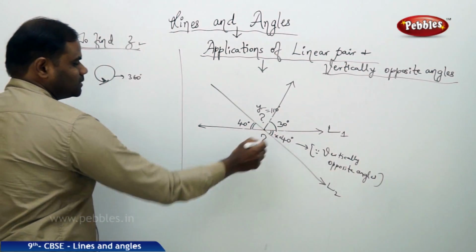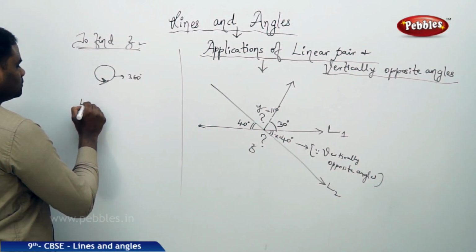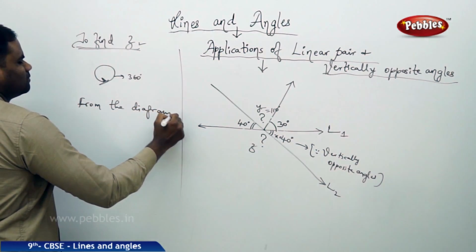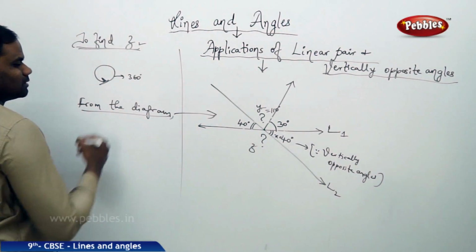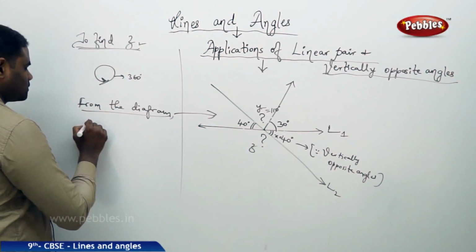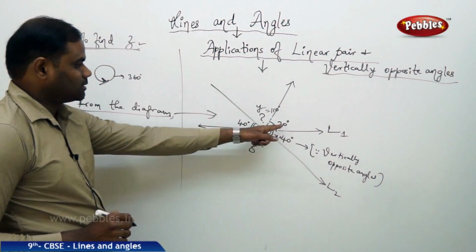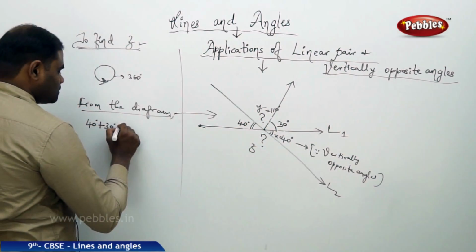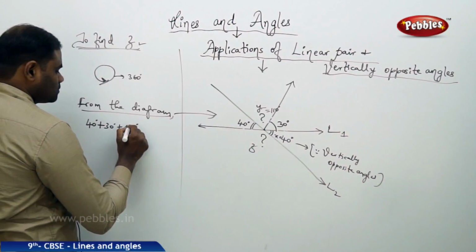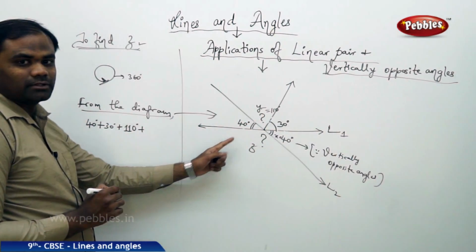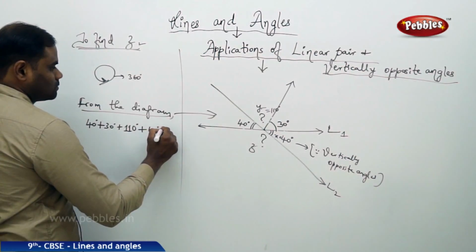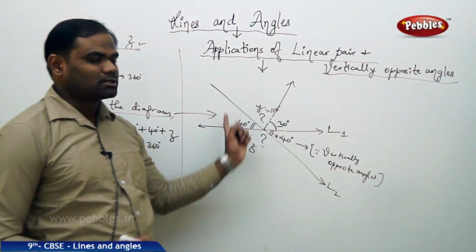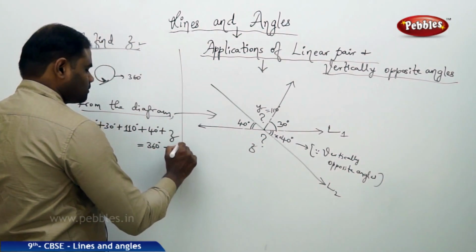That is, from the diagram, I clearly see that 40 degrees plus 30 degrees plus 110 degrees plus 40 degrees plus z must be equal to 360 degrees, is how we get from the circle property.